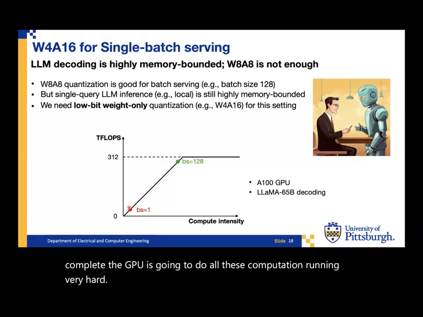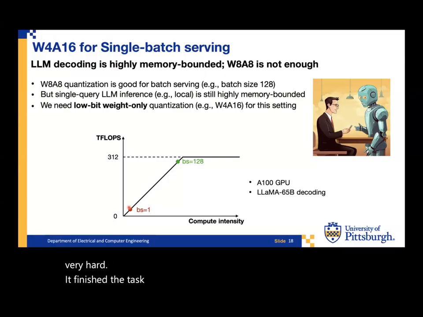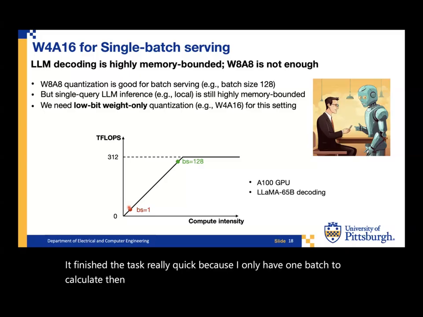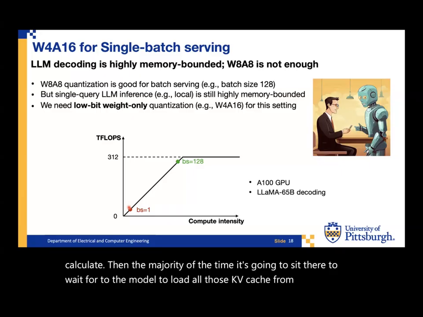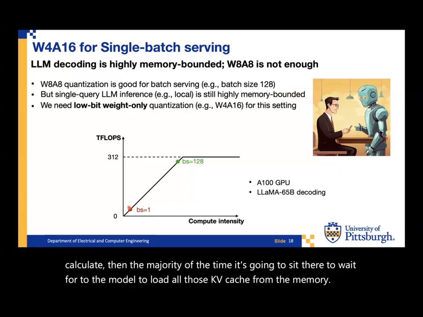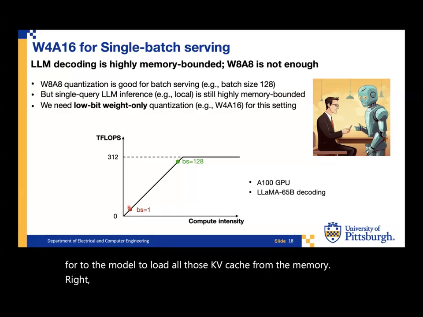But it finishes the task really quickly because I only have one batch to calculate. Then the majority of the time, it's going to sit there and wait for the model to load all those KV cache from memory. Right. So the wait becomes the bottleneck, not the computation.